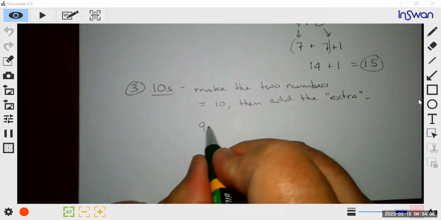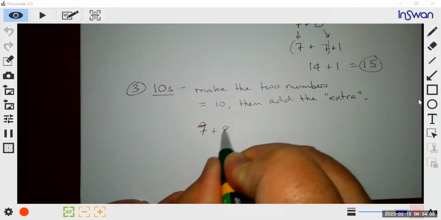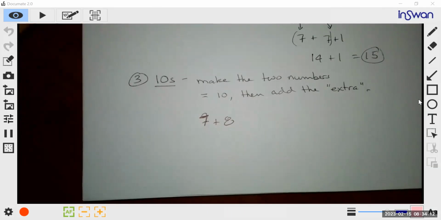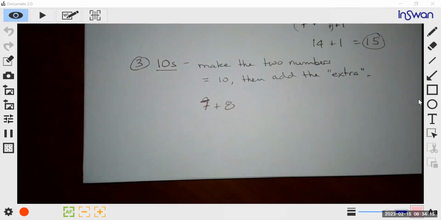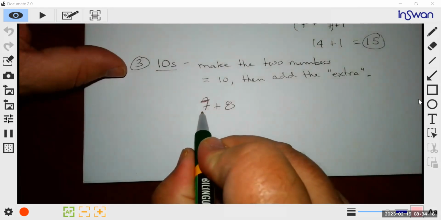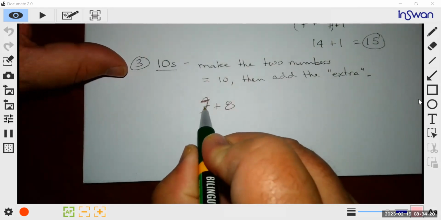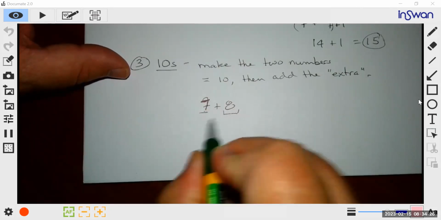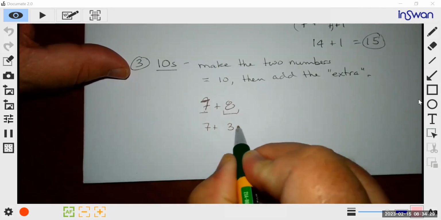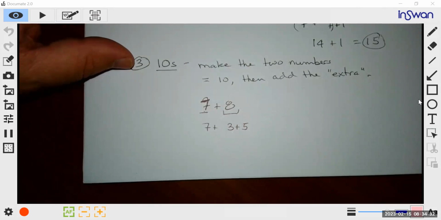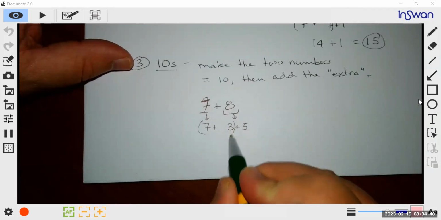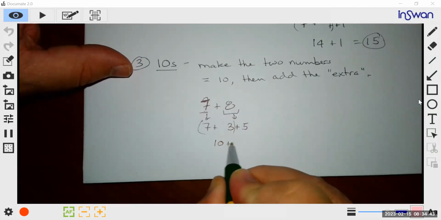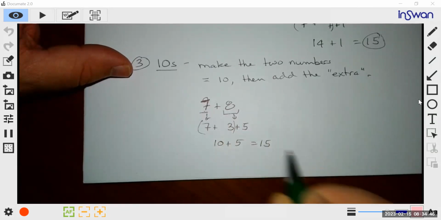Let's look at 7 plus 8. We can either start from 7. How do we go to 10 from 7? What do we have to do? So we break down 8 into 3 plus 5. Now, if we add 7 plus 3, that equals 10. 10 plus 5 is 15.